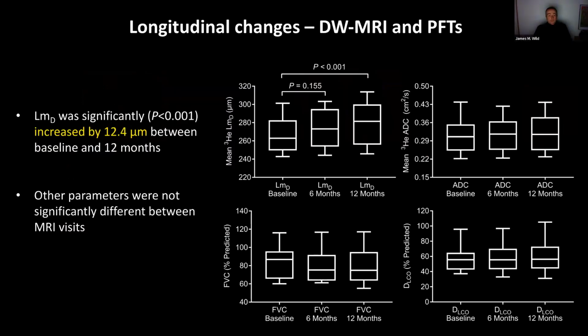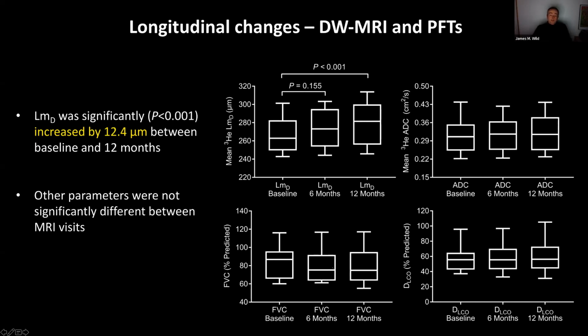So what we did in a study, this is a study that Nick Weatherly, who did his PhD with us, has performed with Fung Chan in our group. We monitored the change in the mean linear intercept from diffusion MRI from 0 to 6 to 12 months. And we see a significant increase in the mean airway dimension, this mean linear intercept, from diffusion-weighted imaging.